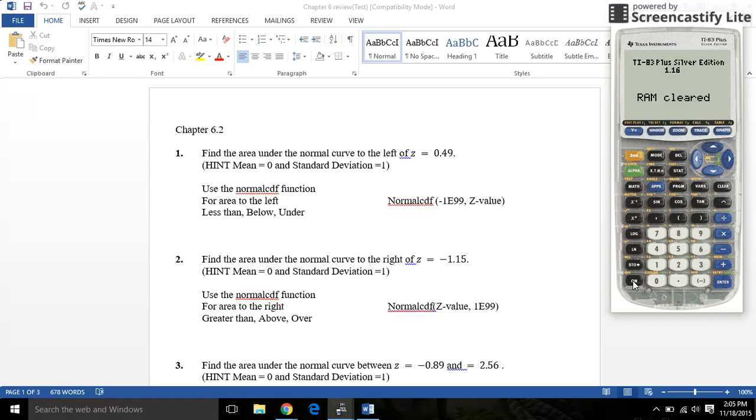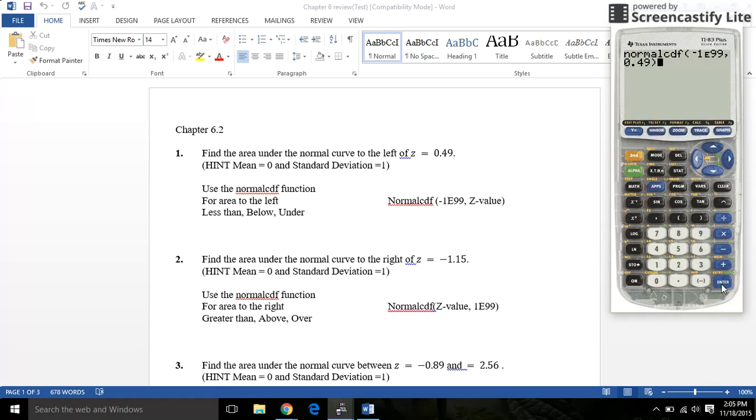So I'm going to put this one in my calculator. I'm going to turn my calculator on, go to second, bars, and go down to normal CDF. I hit enter, and then I'm going to put -1 second, comma, 99, comma, and then 0.49.